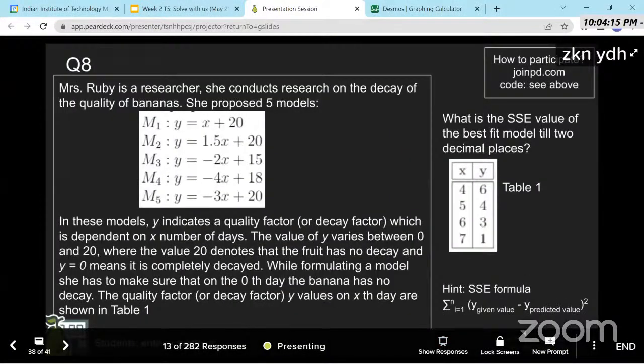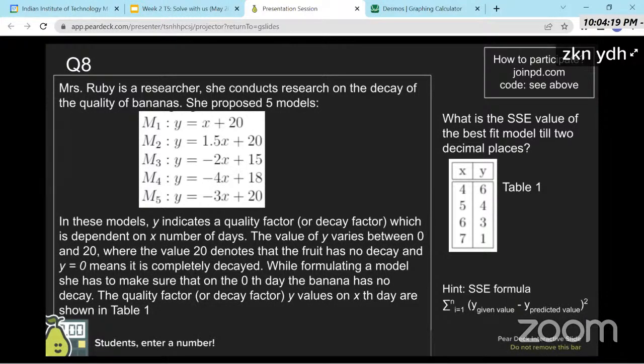Sir, I have a question. Suppose I got a value as 0.25 and it is saying to write it as an integer.